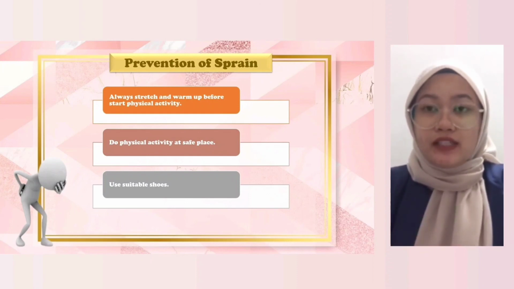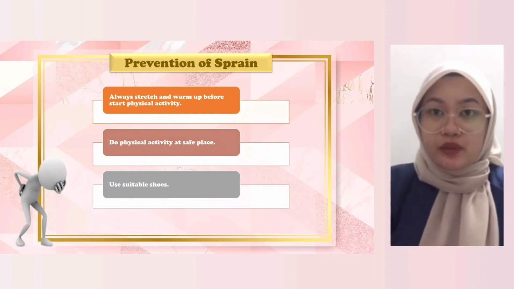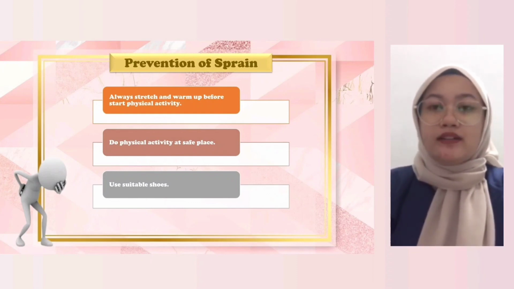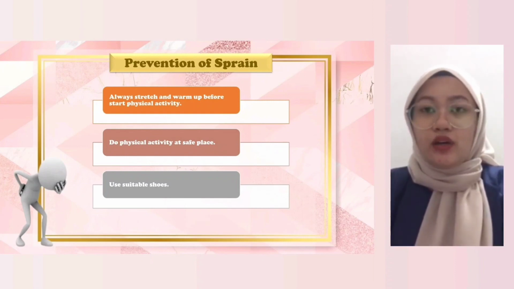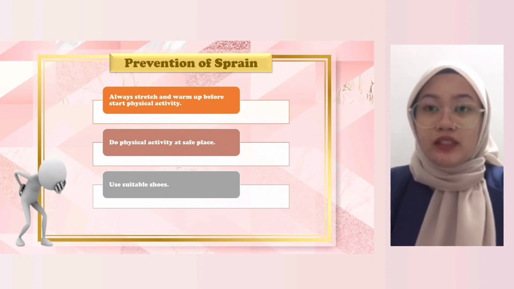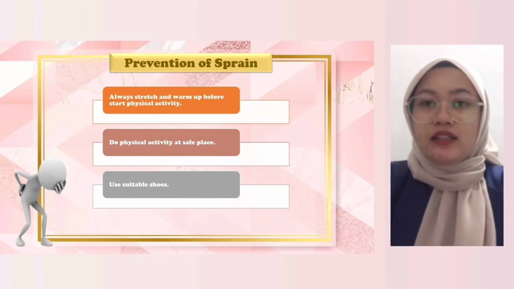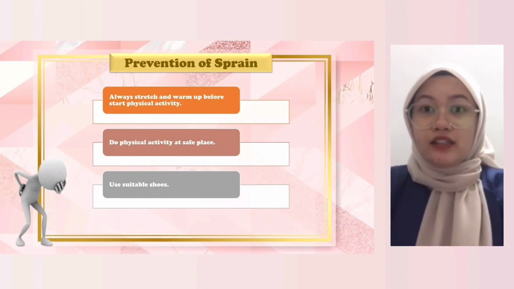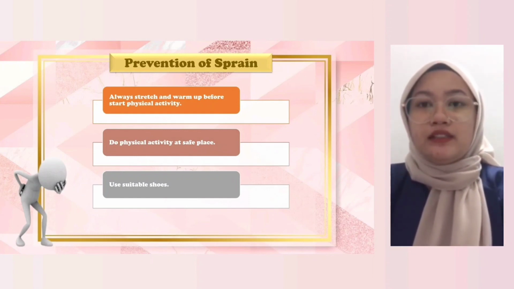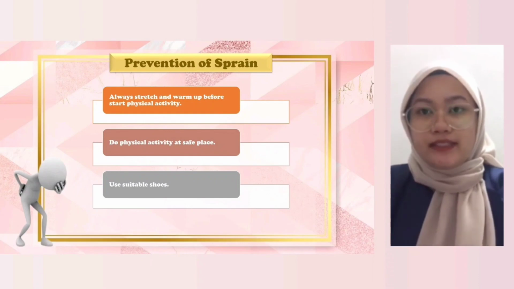For example, when you are not wearing suitable shoes, you are at risk of landing awkwardly, especially when you do jumping exercise. It can cause sprain and also makes your ankle more vulnerable to injuries.